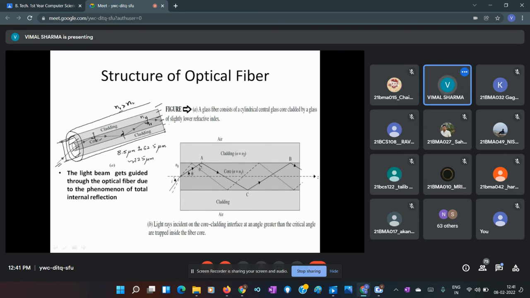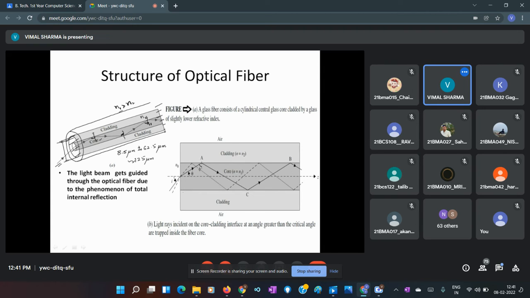Now, we can see here in this diagram, because we can launch light at any angle into this optical fiber, but it is not always that light will propagate through the optical fiber.